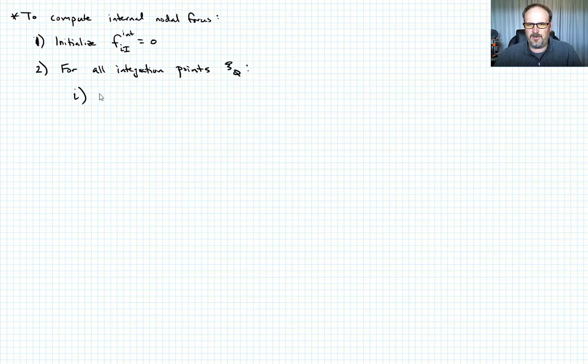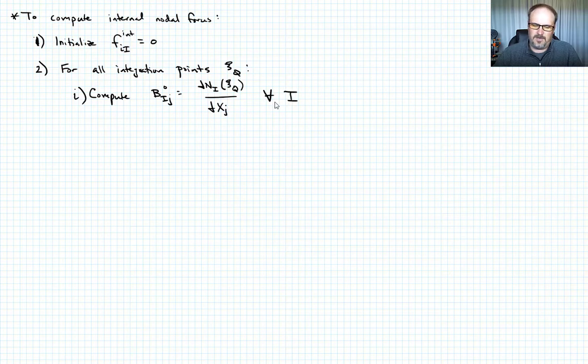The first thing that we're going to do is compute that derivative component. So compute B_Ij naught, which we said was equal to the partial of N_I evaluated at c_Q, partial x_j, for all I. We have to go through each integration point; if there are I nodes, there are presumably I integration points in this fully integrated element.